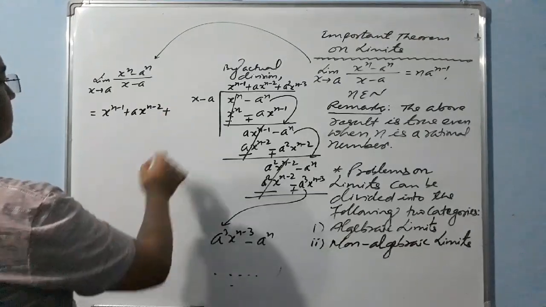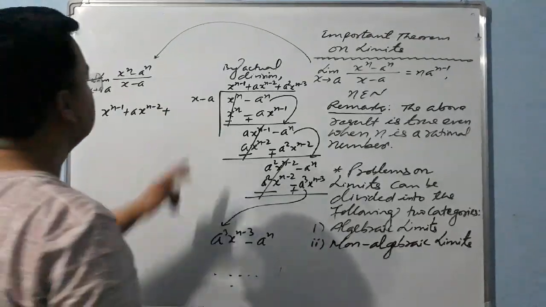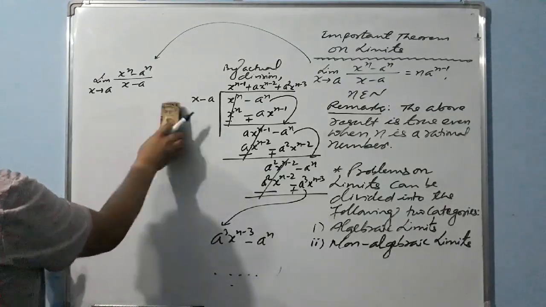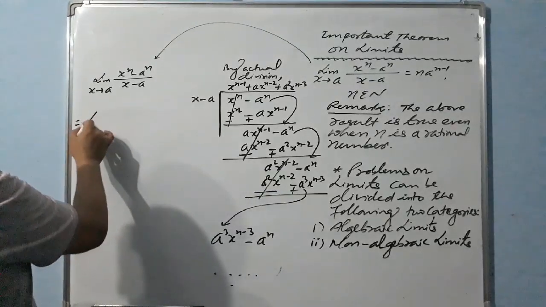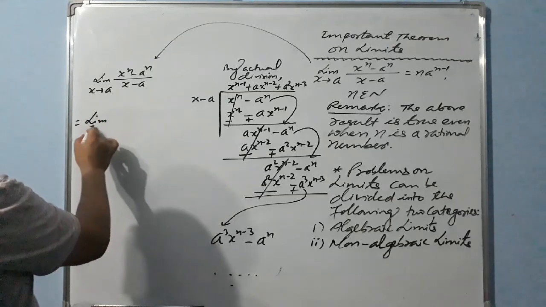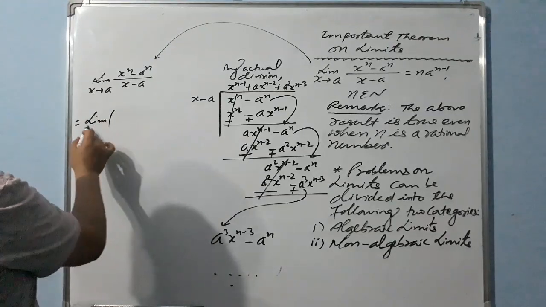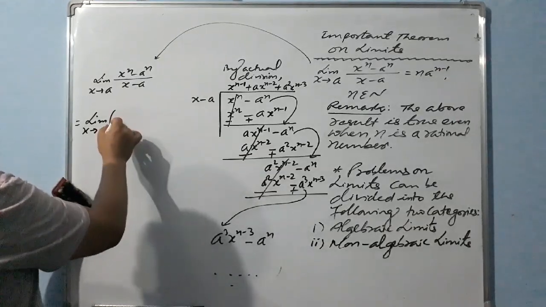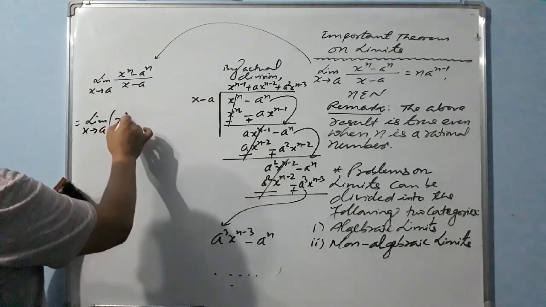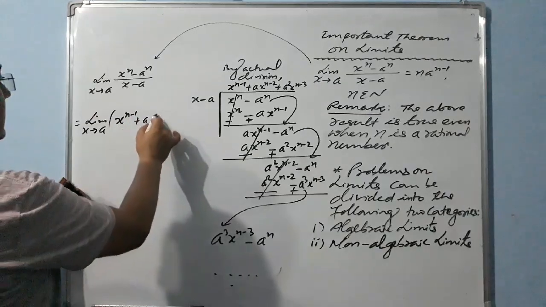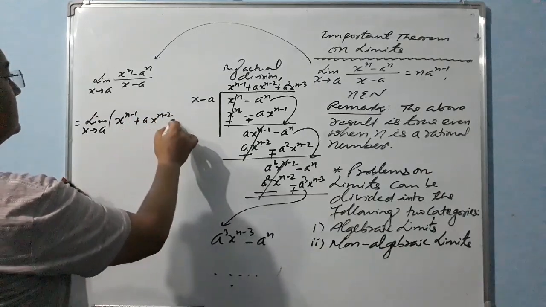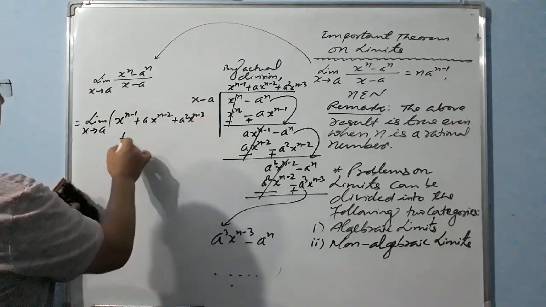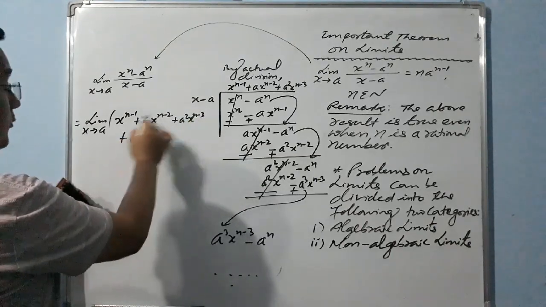Now, here I forgot to write the limit. It is equal to the limit as x tends to a. Here I'm now writing the quotient: x raised to power n minus 1 plus a x raised to power n minus 2 plus a square x raised to power n minus 3 plus a cube.